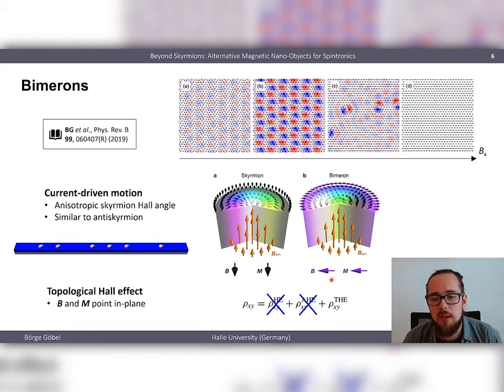This means that the topological Hall effect enters a different tensor element than the conventional Hall effect or the anomalous Hall effect, which means we think that you may be able to detect this effect individually, while for skyrmions all of these three effects will be superimposed.